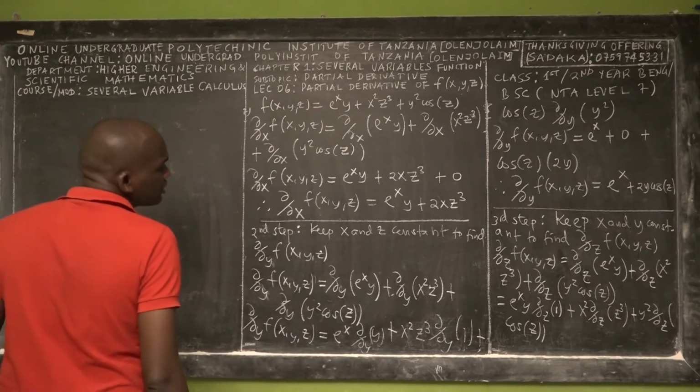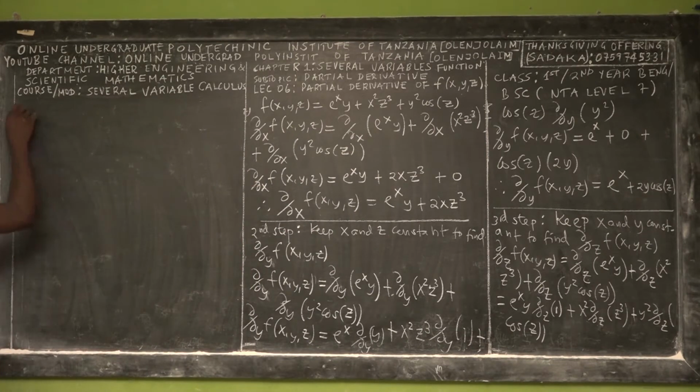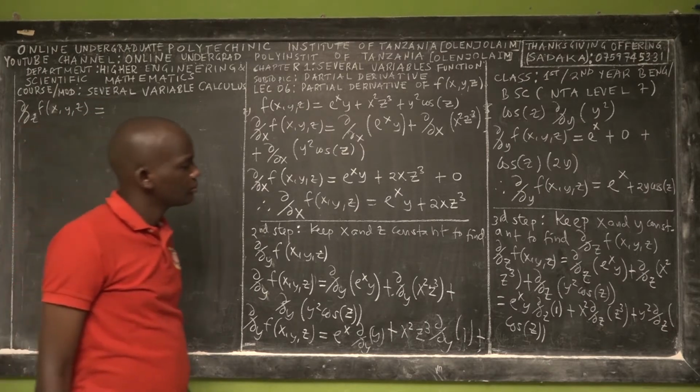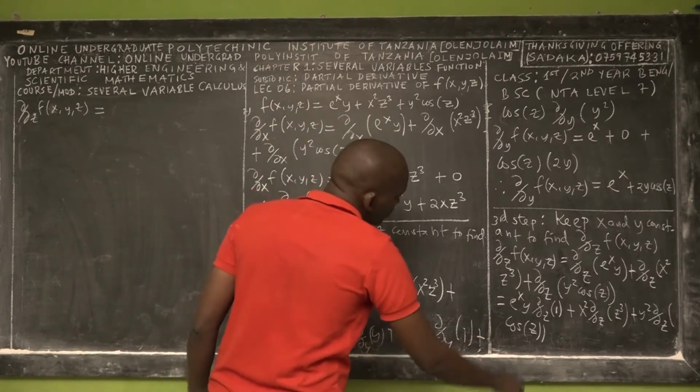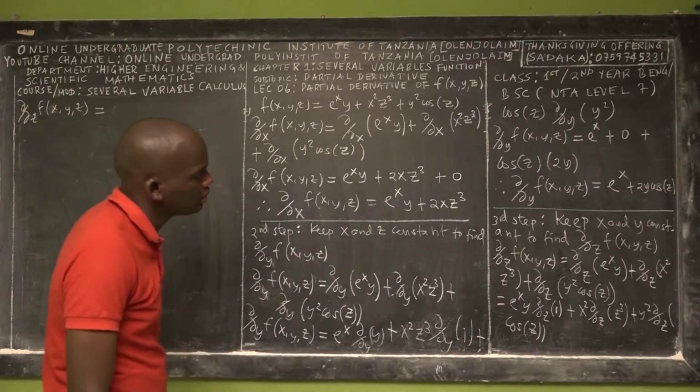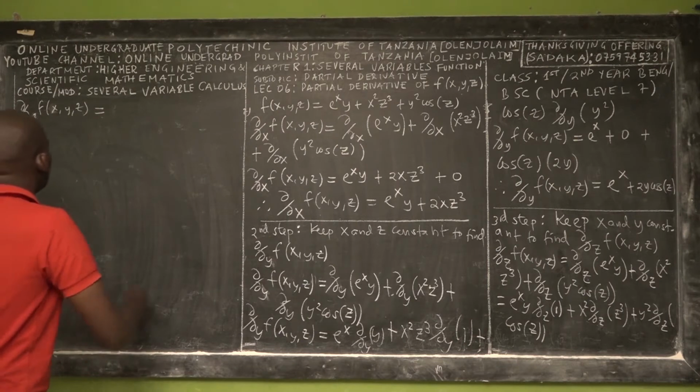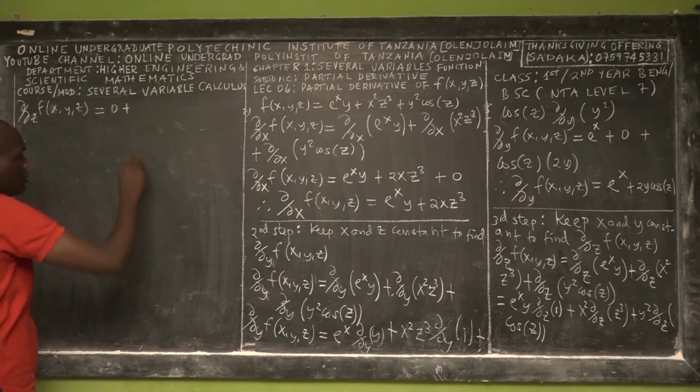So into the case now, we say that we are looking at the partial derivative of f of x comma y comma z. This is equal to what? So partial derivative with respect to z of e^(xy) is equal to 0. It's equal to 0 plus what?